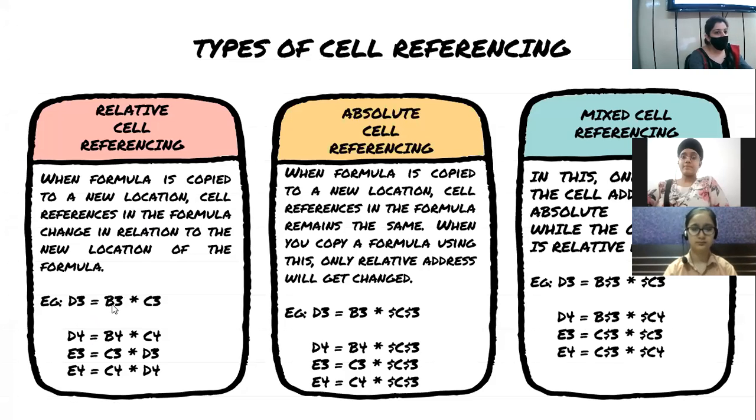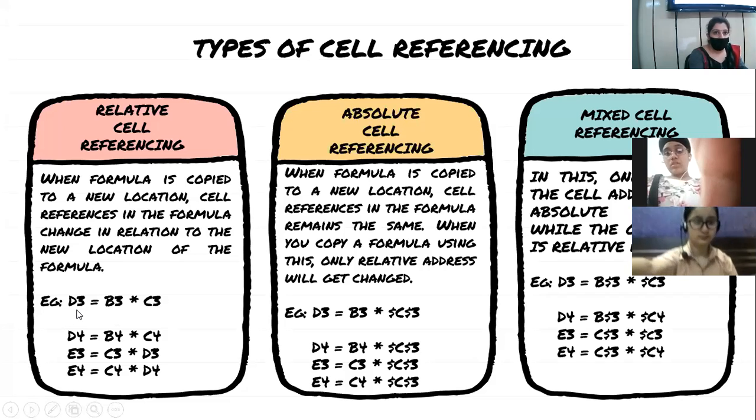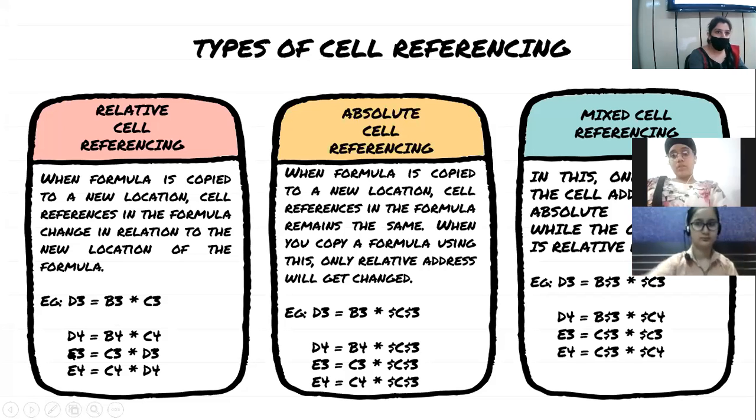So when B3 is also copied, it will get changed. So B will remain same because in the cell D3, when copying to D4, the column is staying the same. The row is changing. So that's why 3 will change to 4, B4 multiplied by C4.